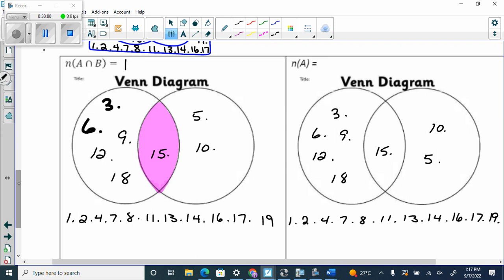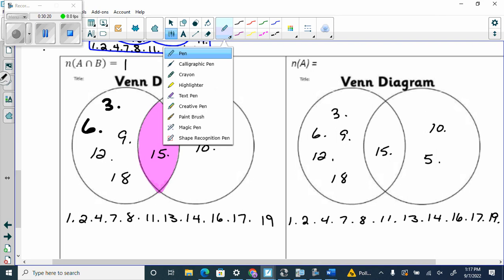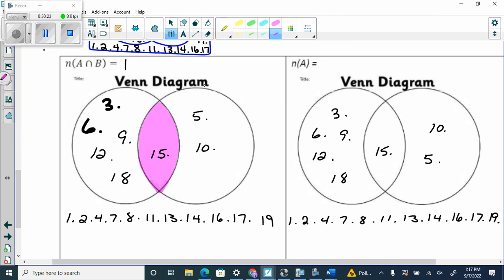So shade A, and then list how many elements there are in A, above n of A. So A is this whole thing, not just the moon.